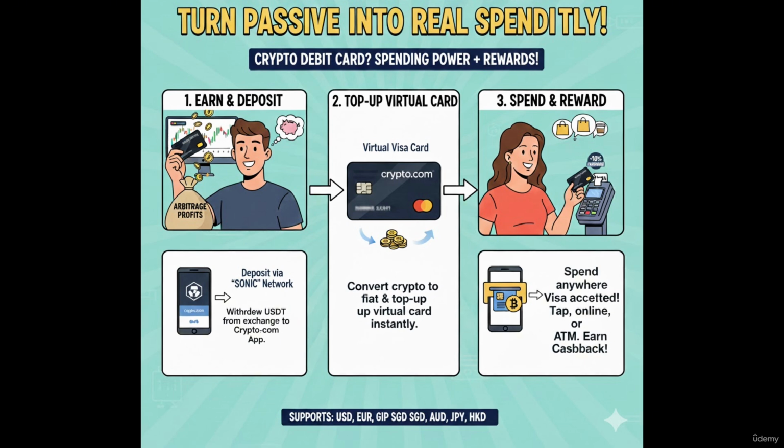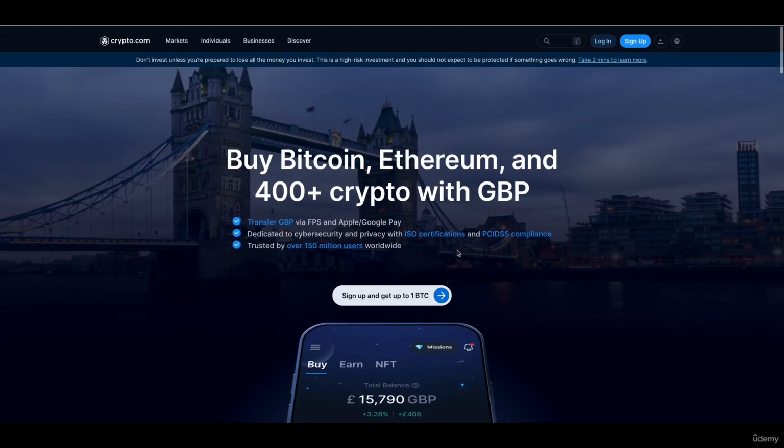Traditional methods include withdrawing to a bank, but this can be slow, expensive, and depends heavily on which country you live in. The Crypto.com Visa card offers a much cleaner process. It supports converting the crypto into major currencies, including USD, EUR, GBP, SGD, AUD, Japanese yen, and Hong Kong dollar.